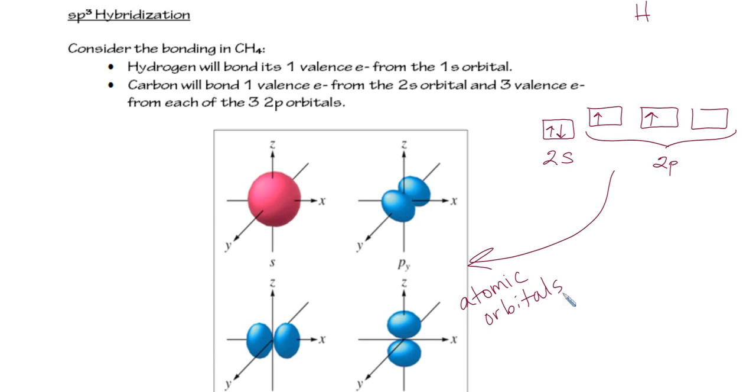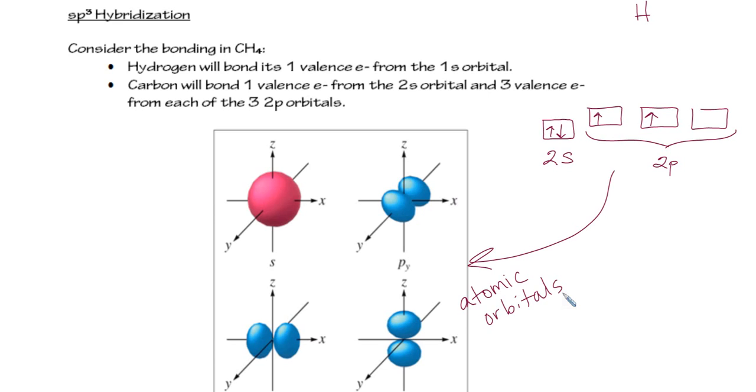And like I said before, it's totally not the case. For purposes of bonding, we need another model. This atomic orbital model doesn't give me a true picture of the bonding that occurs when carbon and hydrogen bond in a molecule such as methane, CH4.